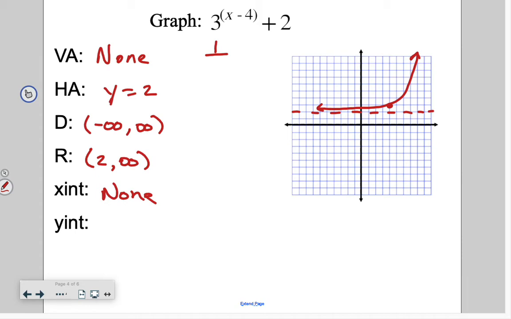That's 2. That's squared. Times 3 is 27. That's 3. Times 3 is 81. So 3 to the -4th power is 1 over 81 plus 2. 2 and 1/81. Okay? Y-intercept, 2 and 1/81. And there it is.